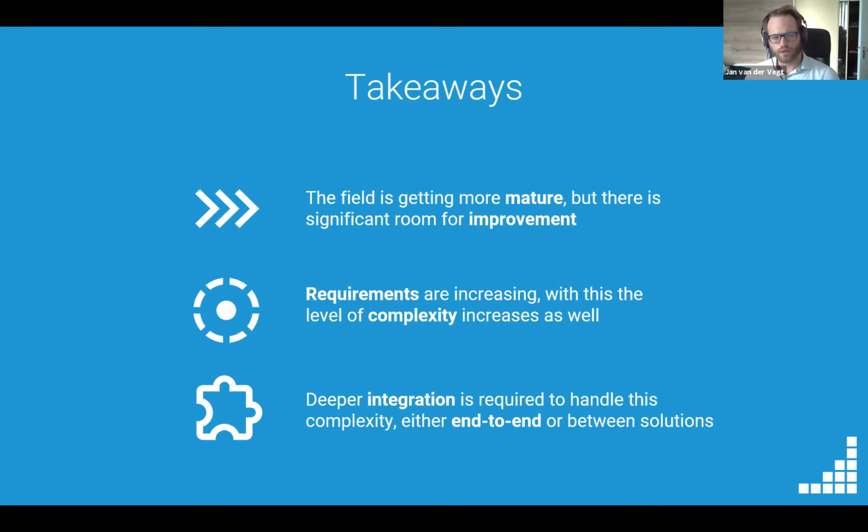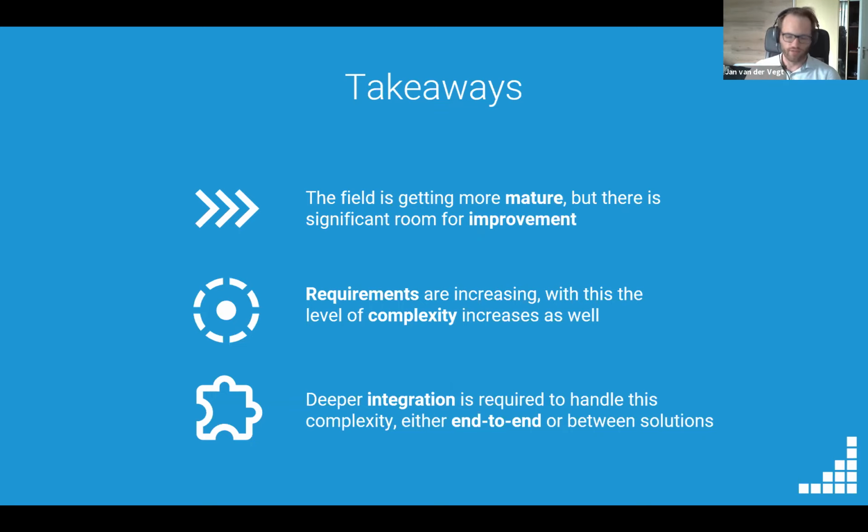And this increase in complexity means that deeper integration is required to be able to handle that. And that can be either end-to-end. So that's the approach that Cubonacci is taking, where dealing with multiple of these challenges in one platform allows you to automate or take care of a number of these things more easily.